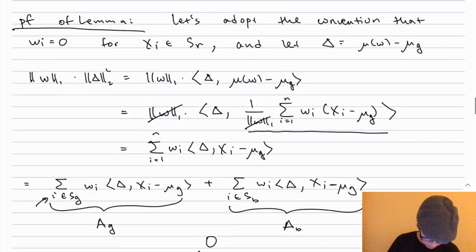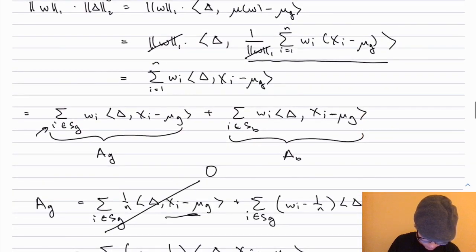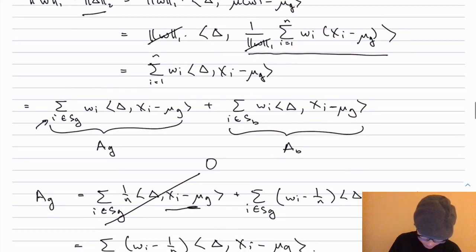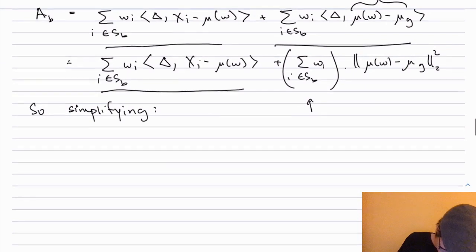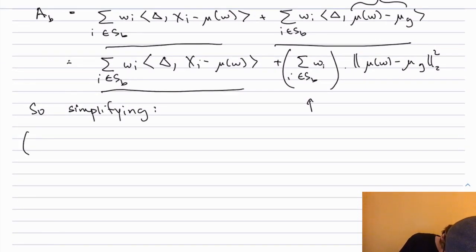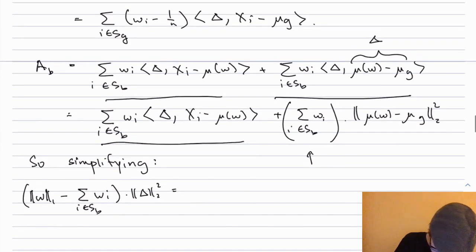So if you scroll back up, and you realize that I have a delta L2 norm squared here, I can simplify this whole expression to be the following. What I've obtained is the following equality: that the L1 norm of w minus this sum of w_i times the L2 norm of delta squared can be written as this plus this.